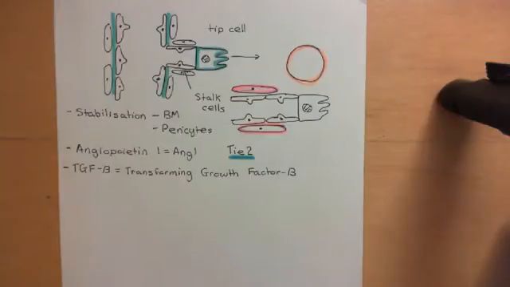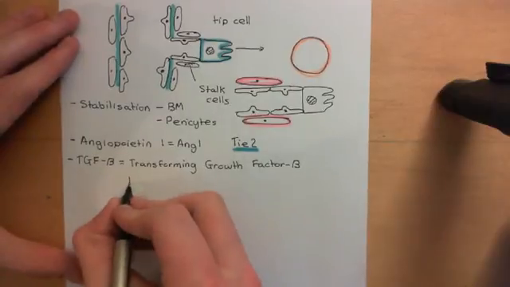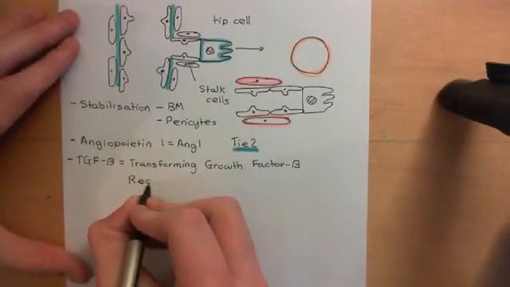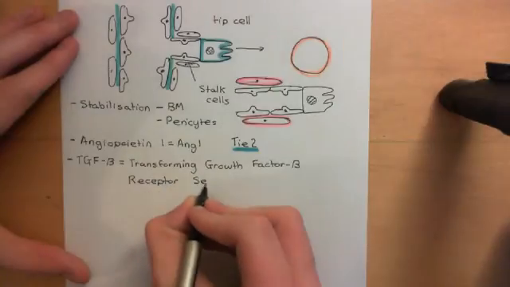Okay, right. Now, the receptor for transforming growth factor beta is really quite interesting. It is not a receptor tyrosine kinase. Instead, it is something a little bit more rare, something called a receptor serine threonine kinase.